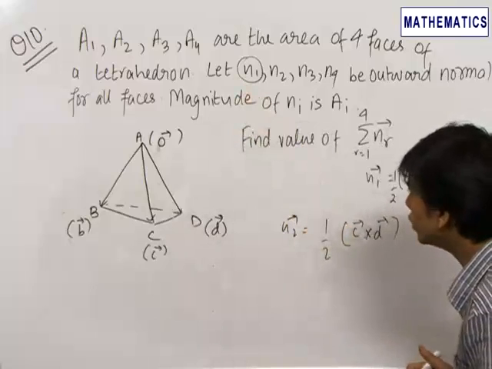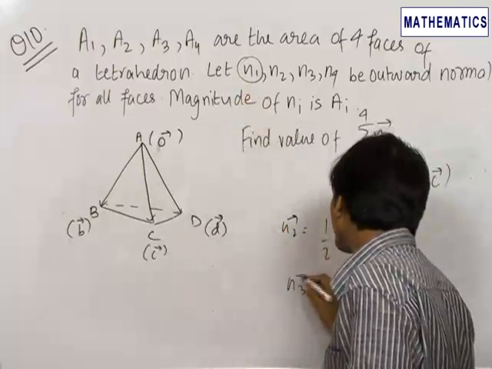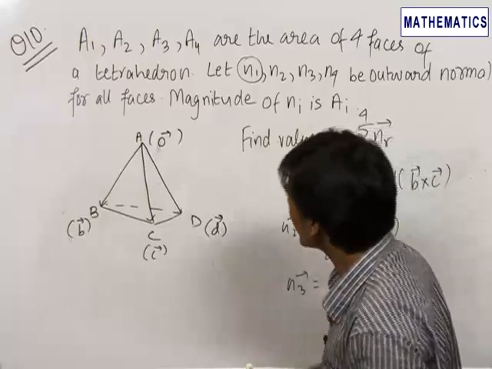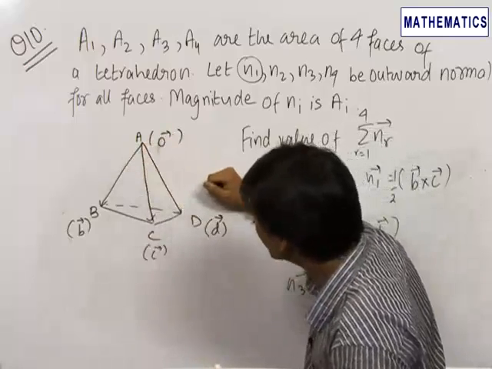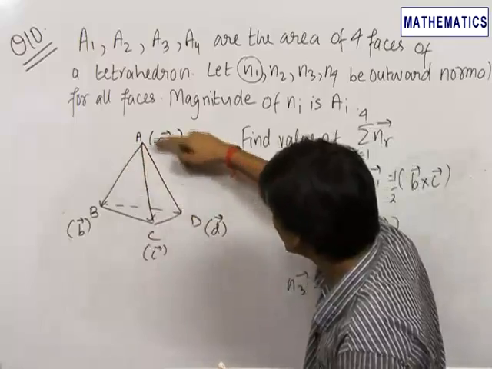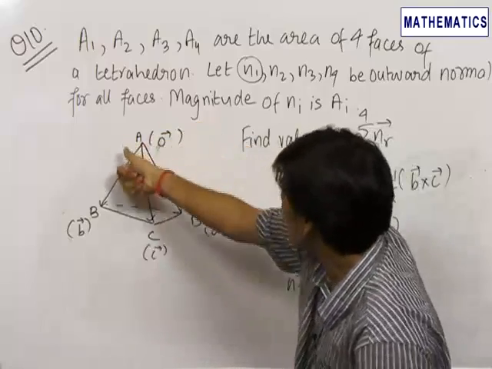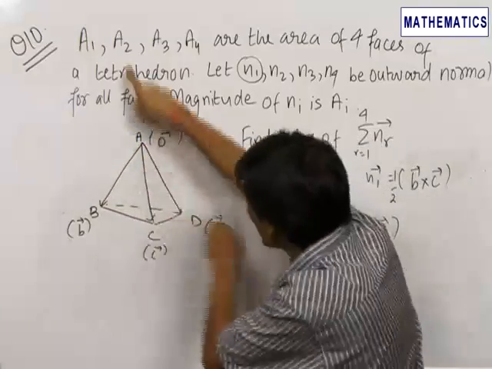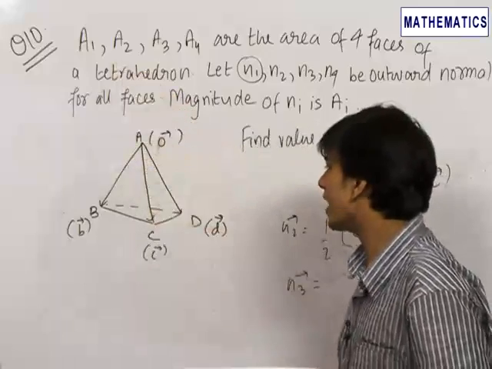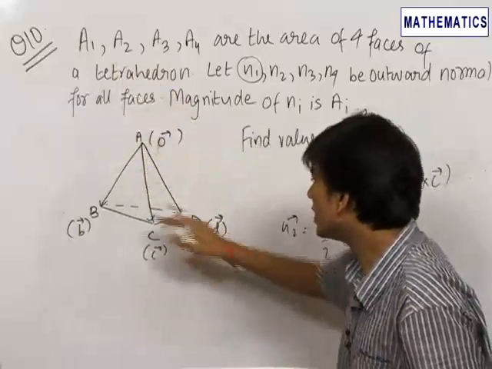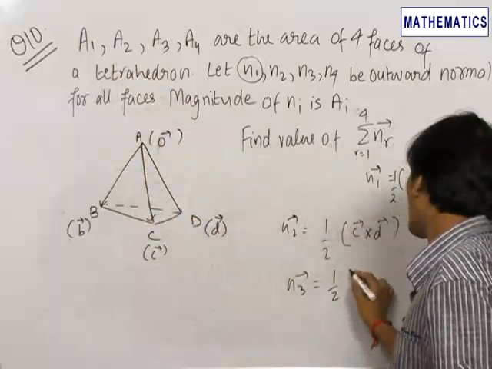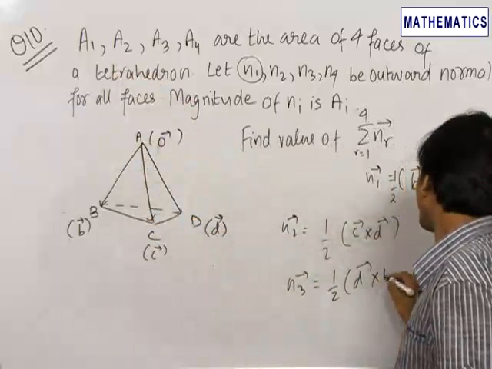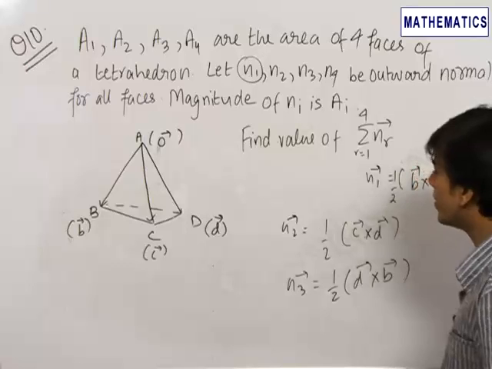Therefore we get N1 and N2. Similarly N3 vector will be for the face which is behind. For that we can write AD vector cross AB vector, so that it is outward for the face which is behind. Therefore half of D vector cross B vector will be N3 vector.